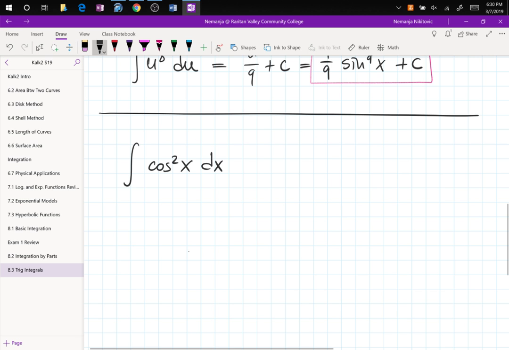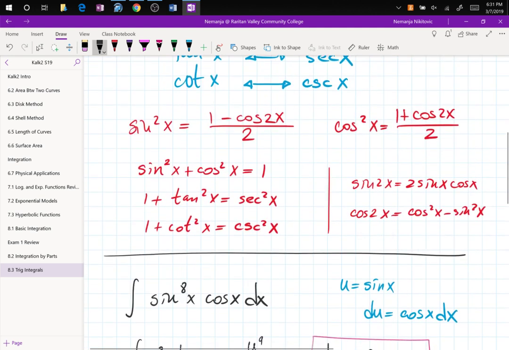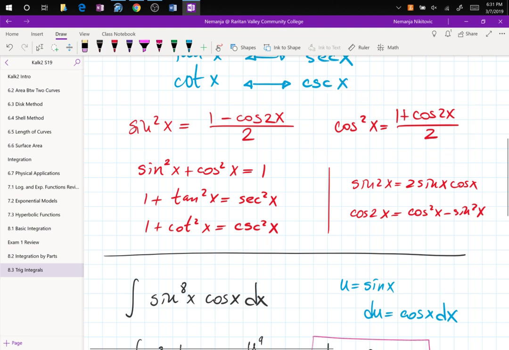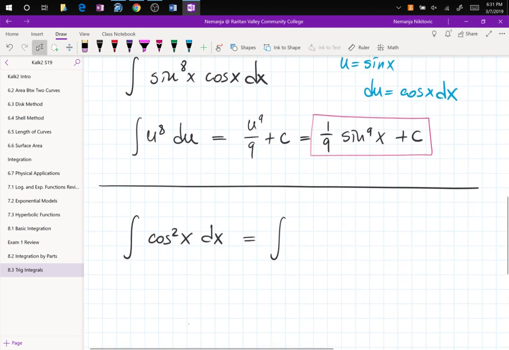So what do we have there? We have the formula I listed here. It is the only way to solve this problem up until we reach chapter 10. Then you'll have more options. But now, this is it. 1 plus cosine 2x over 2 dx.